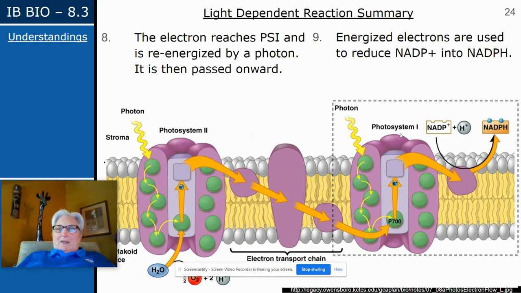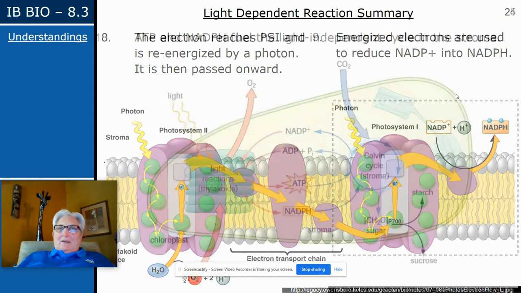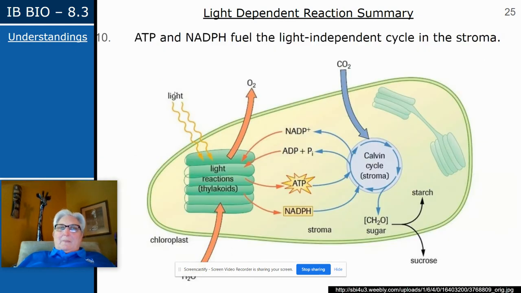Once the electrons get over here to photosystem 1, that photon of light re-energizes them, and these excited electrons are used in the reduction of NADP plus here. And it gains one of those hydrogens, and it will produce for us NADPH, which is almost the last part.